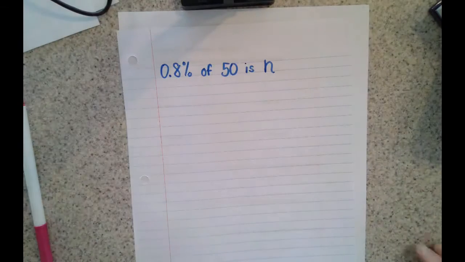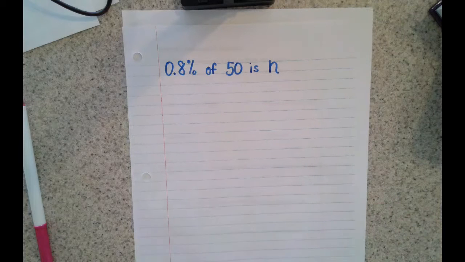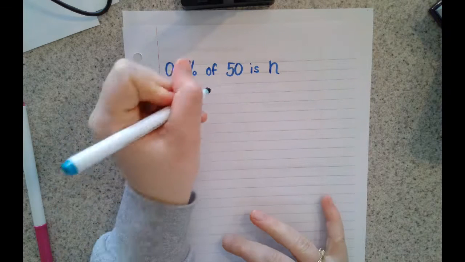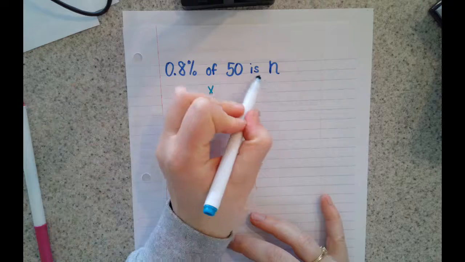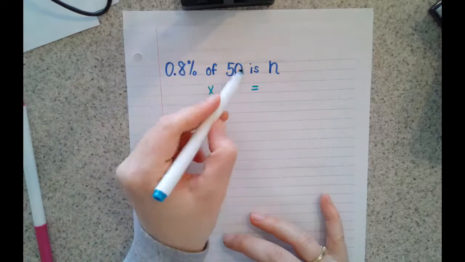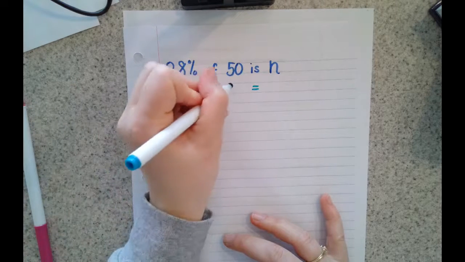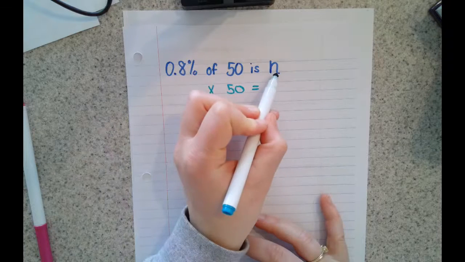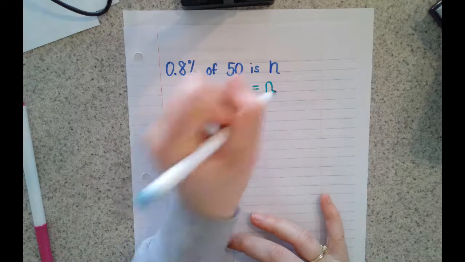Okay, one last example we'll do together. 0.8% of 50 is n. In this problem, we need to solve for the unknown variable n. I know that of means multiply, and is means equals. The 50 can just drop straight down. The n, the unknown, can just drop straight down.